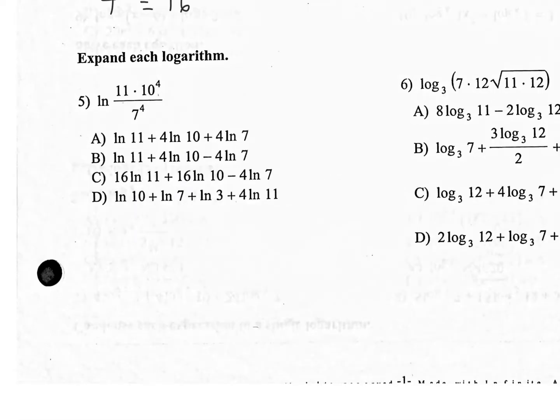To expand the logarithm means to write it in terms of more than one logarithm. So you notice that you have natural log of 11 times 10 to the 4th divided by 7 to the 4th.